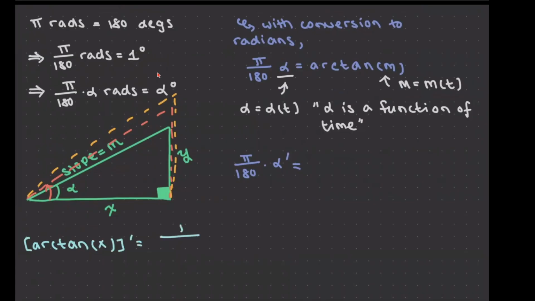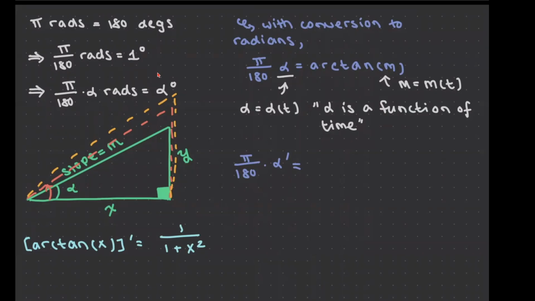This is 1 over 1 plus x squared. Definitely something you should know. I've been saying this for as long as I've been teaching calculus. Professors love arctangent. It always is going to show up, so I highly recommend this is one of the derivatives that you have memorized. But okay, the derivative of arctangent of x is 1 over 1 plus x squared.